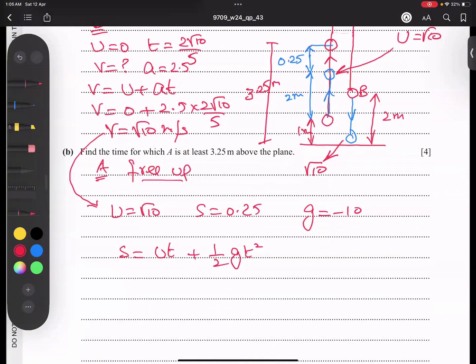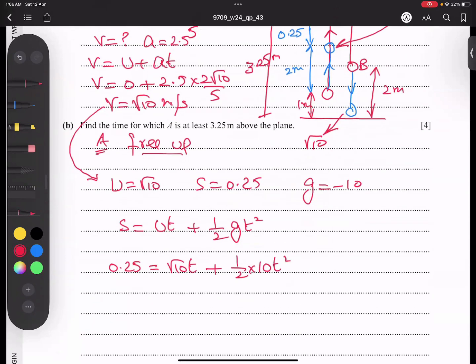So s is 0.25, and u is root 10, t I don't know, half times 10 t square. Sorry, this is negative, make sure there's a negative. So this 5t squared goes there positive, 5t squared, minus root 10 t plus 0.25 is equal to 0.